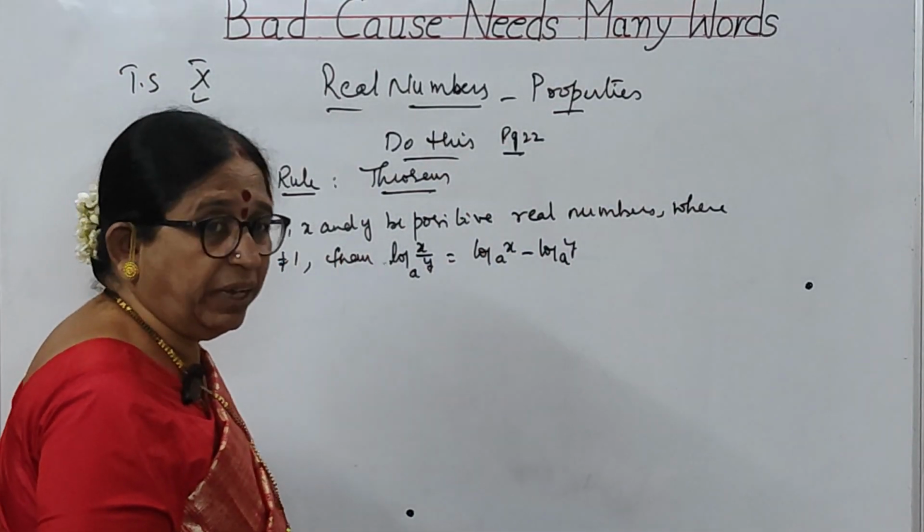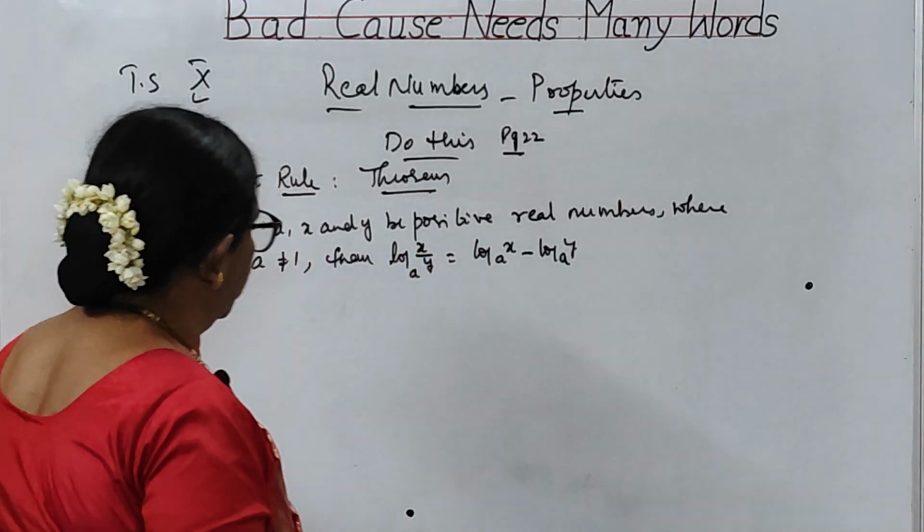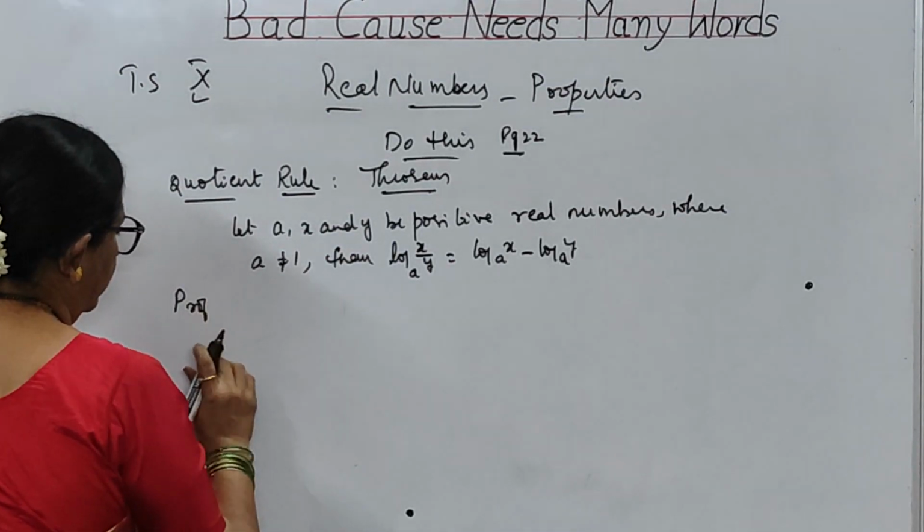When you are multiplying, you will add. When you are dividing, you have to subtract. Let us see the proof for it.